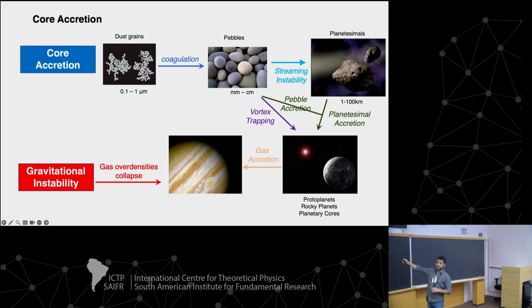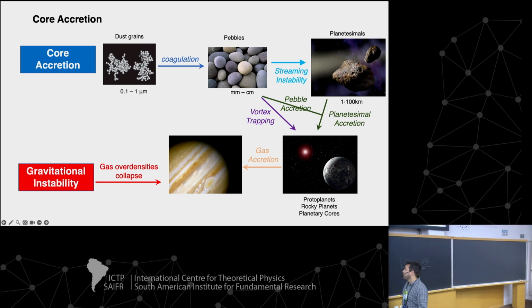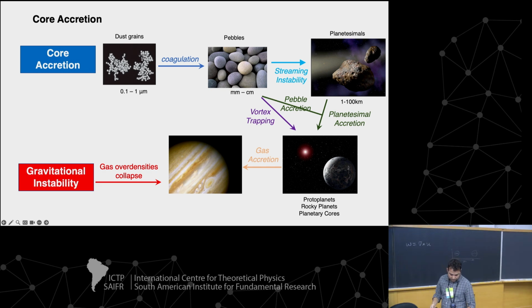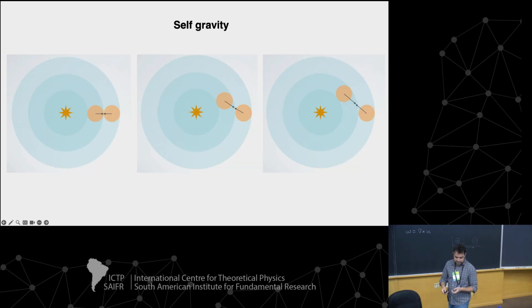Or you can have the pebbles directly forming the rocky planets through vortex trapping. And then once you have the planets, then for gas accretion, you can form a gas giant. The other route is the direct gravitational instability of the gas, right? So the gas overdenses, they collapse. So how does this process happen? What is the physics happening here in this process?